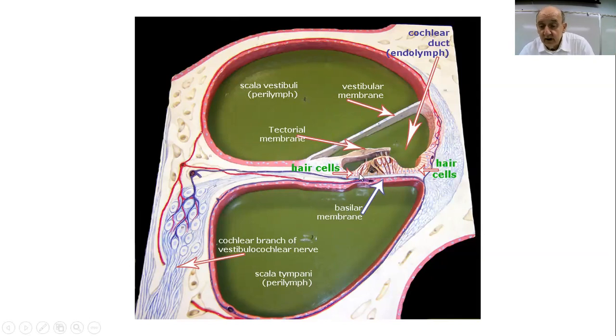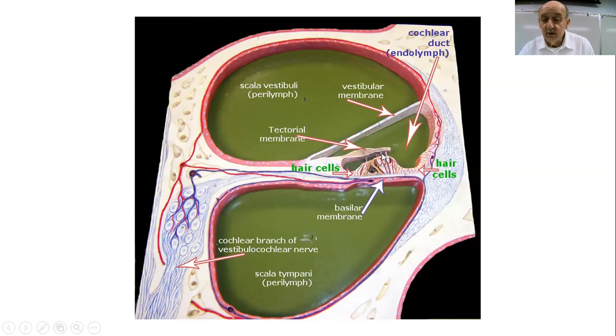The organ of Corti starts to move up and down, jiggle, following the movement of the basilar membrane. The tectorial membrane is staying unmoved, and the hair cells will be pushed into the tectorial membrane.